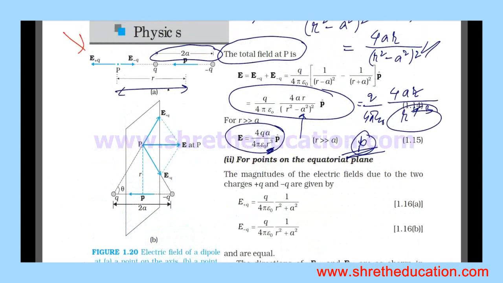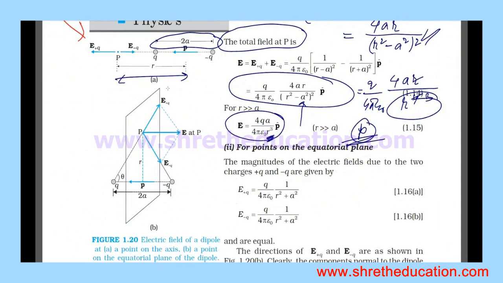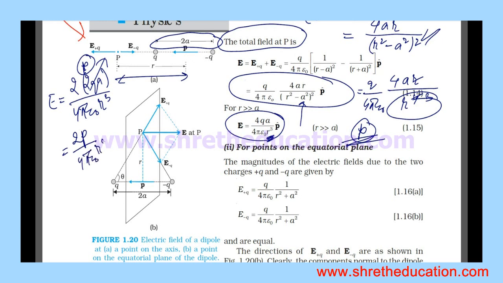So E equals twice p divided by 4 pi epsilon naught r cube. E in terms of vector.